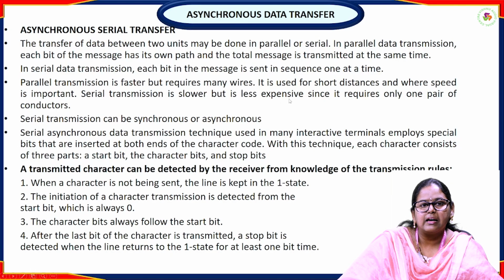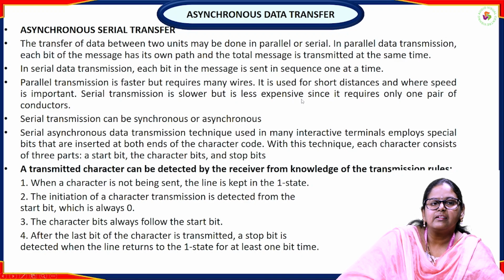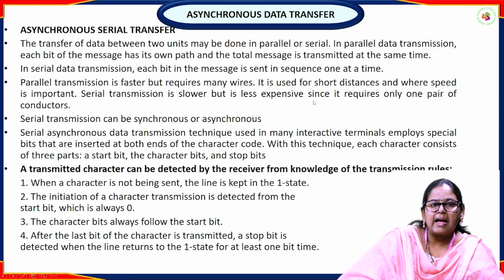Let us see how it will identify this. It is going to be using a respective pattern. That pattern is nothing but start and stop bits. When it wants to transfer the binary data, it will add a start bit at the starting position of the data.